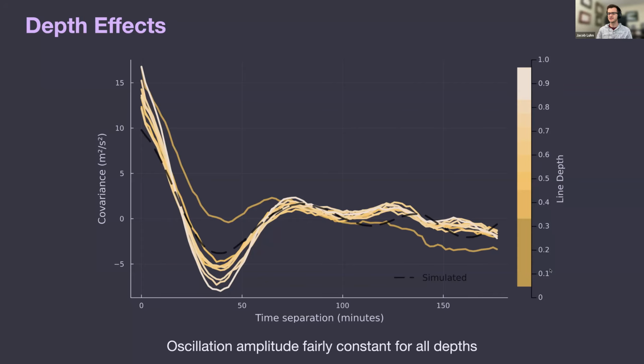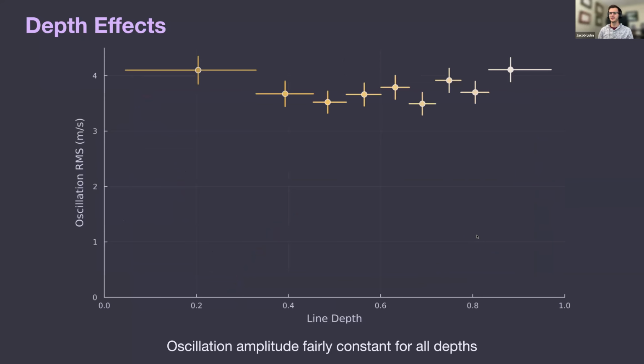So that's a very plausible explanation for that. And looking at it in one takeaway plot, the oscillation amplitudes, or RMS, are fairly constant with line depth. So not a whole lot of variation here. Again, certainly nothing that can reduce p-mode oscillations by a factor of several.